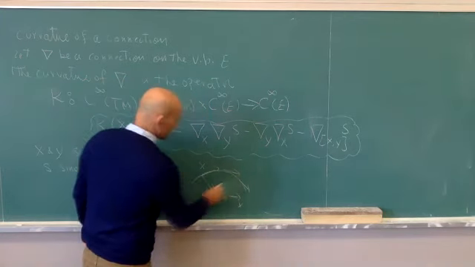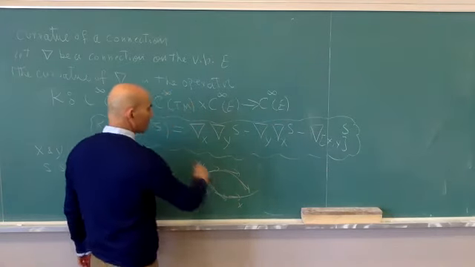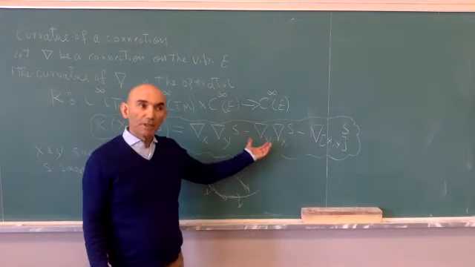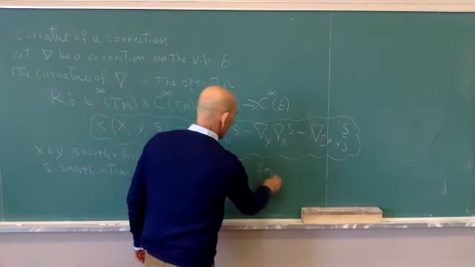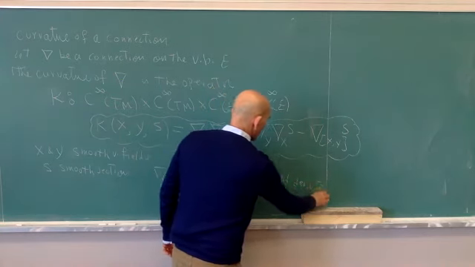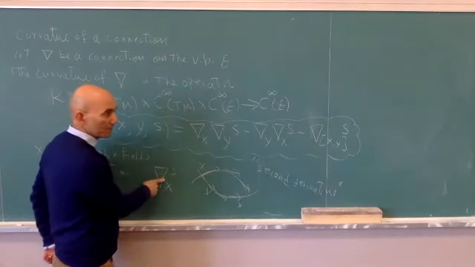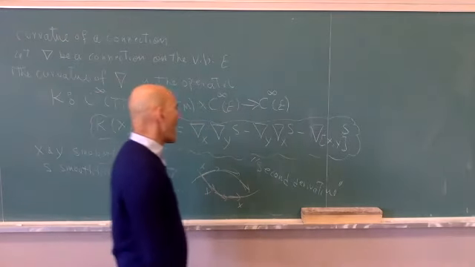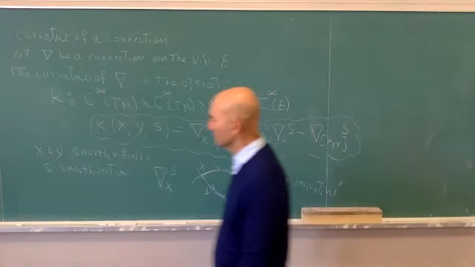These are flow lines of this vector field, and these are flow lines of the other vector field. So this is essentially the second derivative. The covariant derivative is the first derivative, as we saw in the example, but this is the second derivative. Now, what is this? This is the bracket of two vector fields.